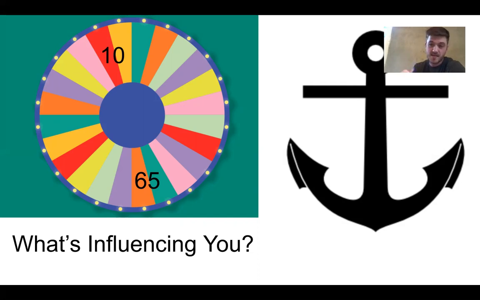But their brain said something very different, okay? So they would either say less or more. They were next asked, what is your best guess of the percentage of African nations in the UN? So the people that got the number 10 said 25%. The people that got 65 said 45%.